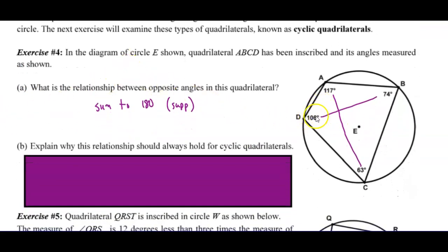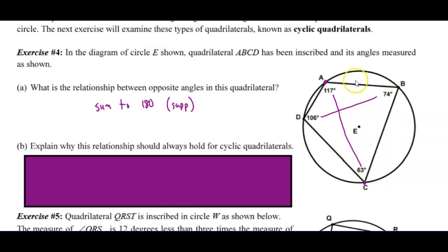Well, if you take this 106, for example, it has endpoints at A and C, and you take this 74, it also has endpoints at A and C. So that means that one of these angles subtends the minor arc, and one of these angles subtends the major arc, which means in combination, they subtend the entire circle, so they'd be half of the entire circle when put together. Right?